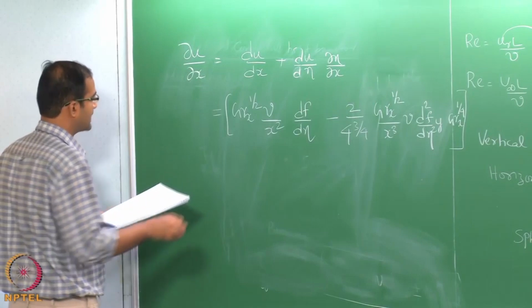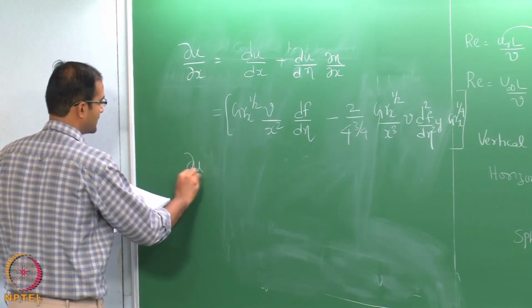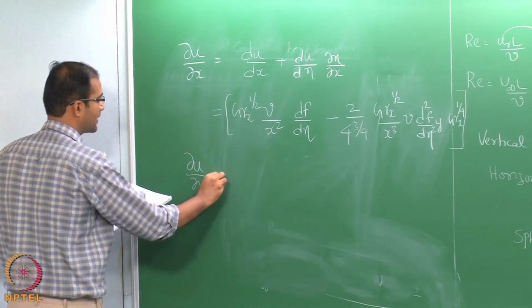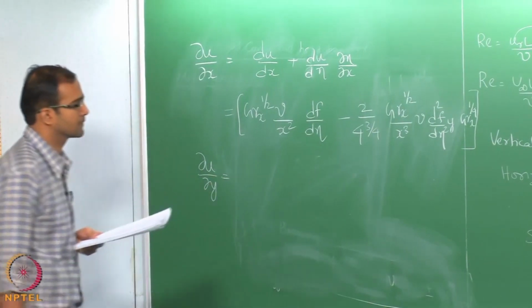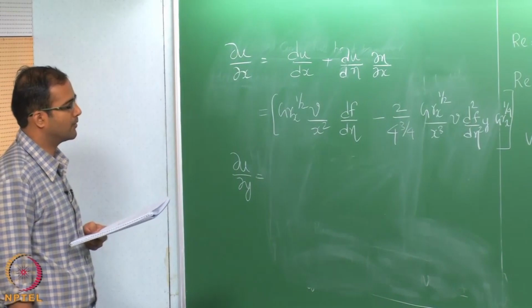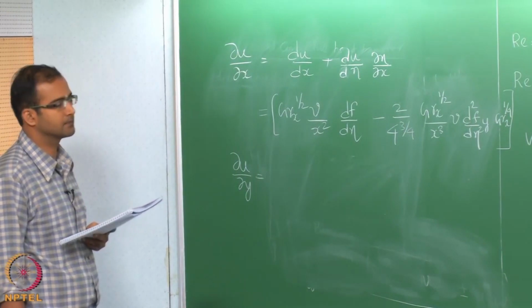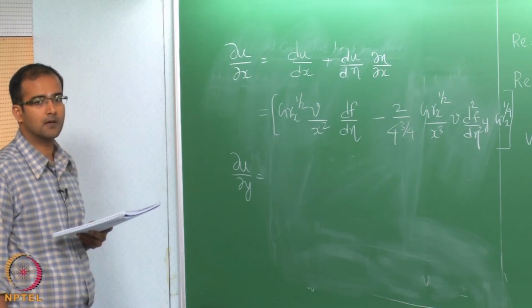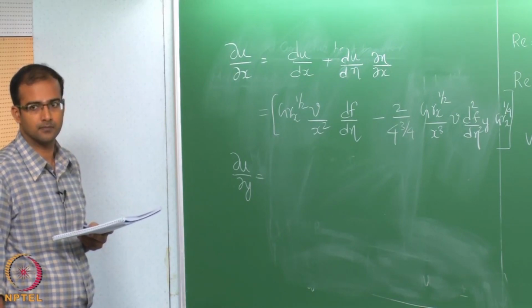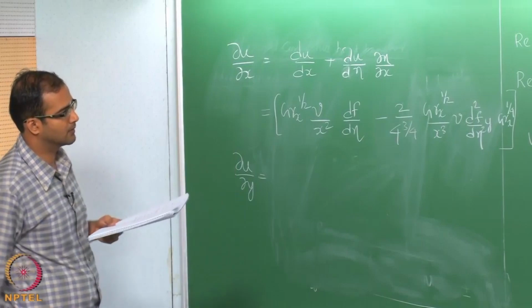So, the next step is to calculate the gradient with respect to y. So, how do you calculate du by dy? So, u is a function of y only through eta. You look at the expression for u, right.